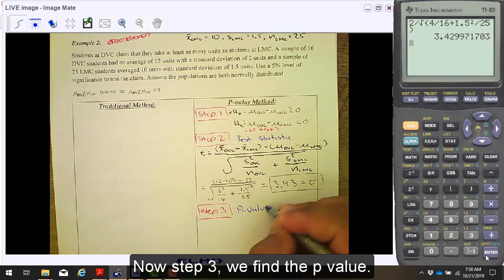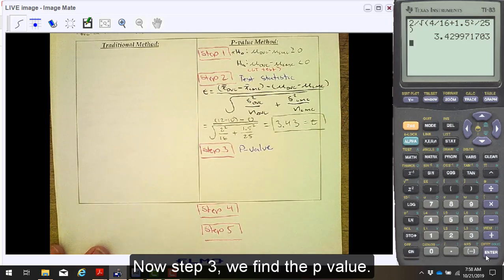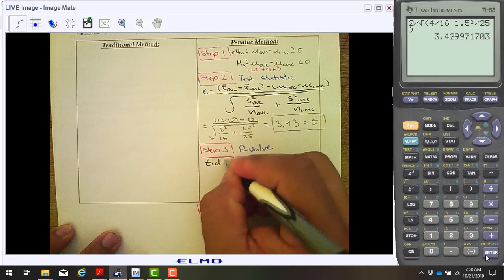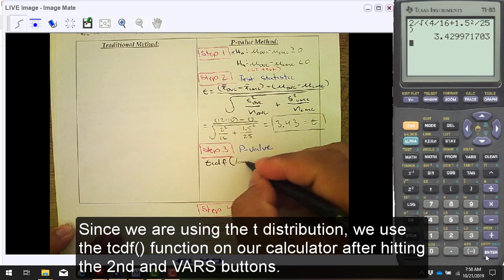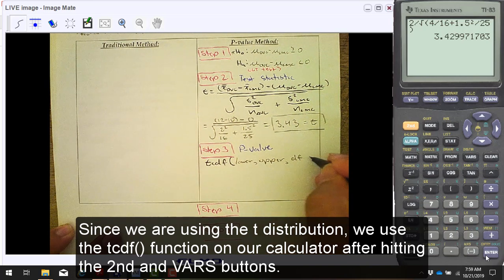Now step 3, we find the p-value. Since we're using the t-distribution, we use the tcdf function on our calculator after hitting the second and bars button.